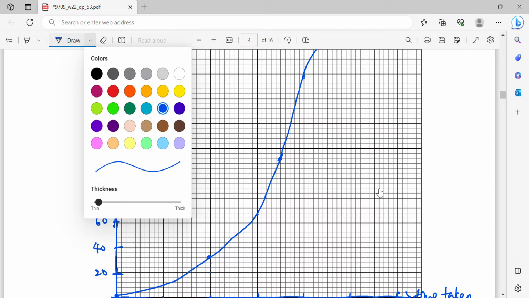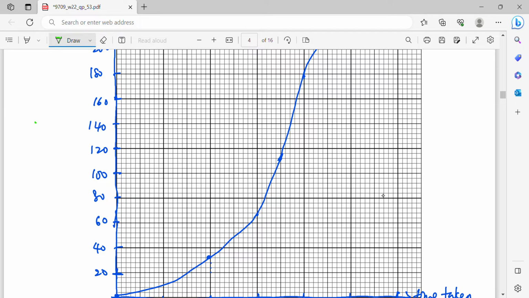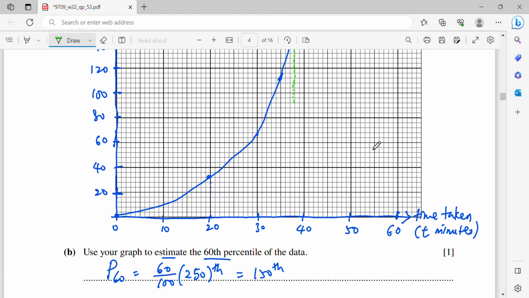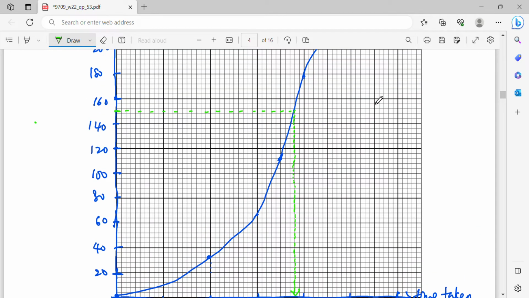Draw the 150, which is here, and use the ruler to estimate from the graph. From here I get 38. So this is my 150.